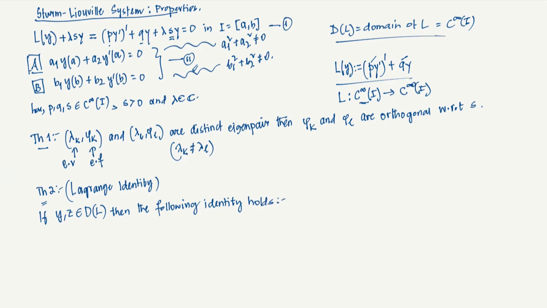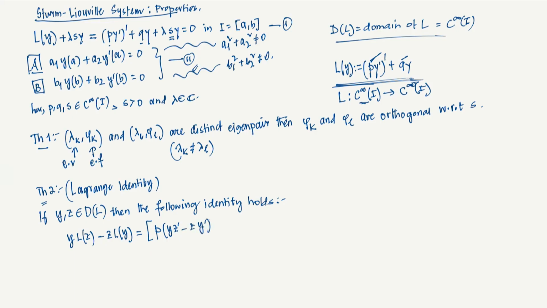It means that y L of z minus z L of y. L of y is as defined, so L of z is just y replaced with z. This beautiful looking identity is true. What does it say? It says that it equals the derivative of P times (y z prime minus z y prime).